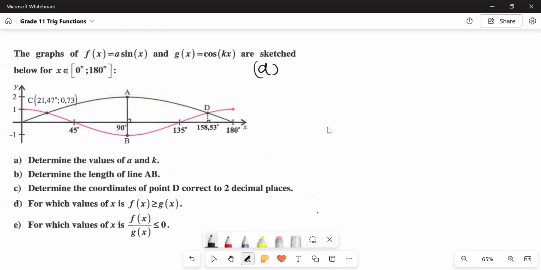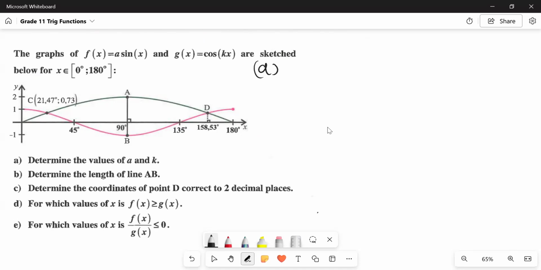The original graph of sine and cos, even tan, they start at 0, and the amplitude is 1. That's the original graph, right?